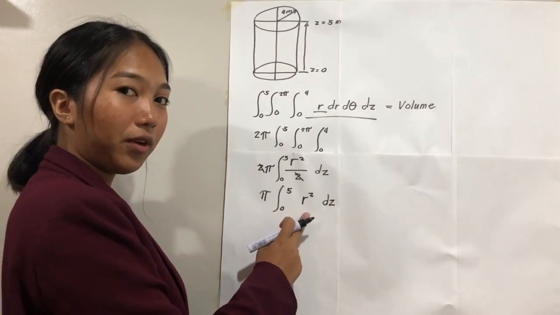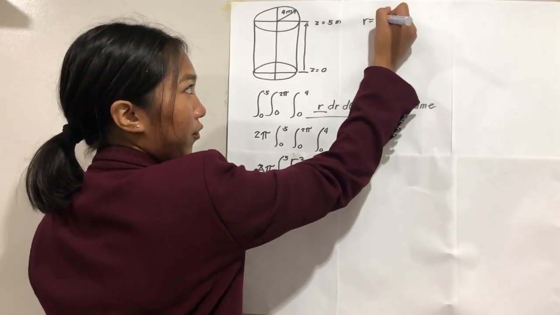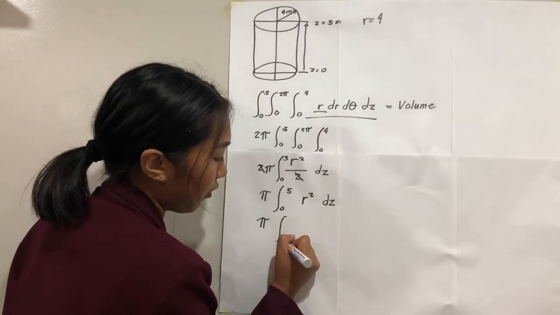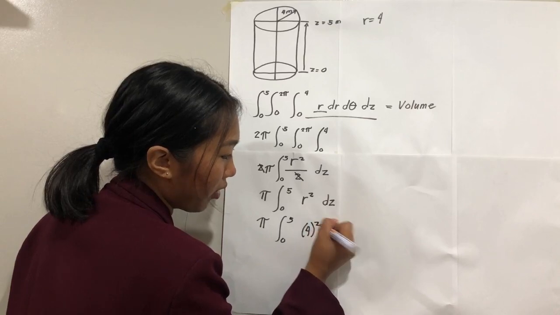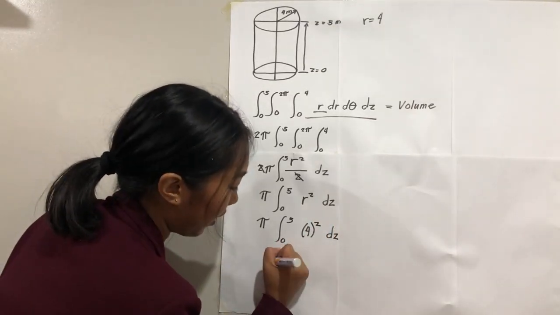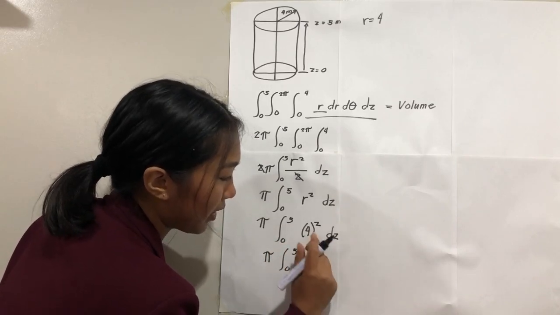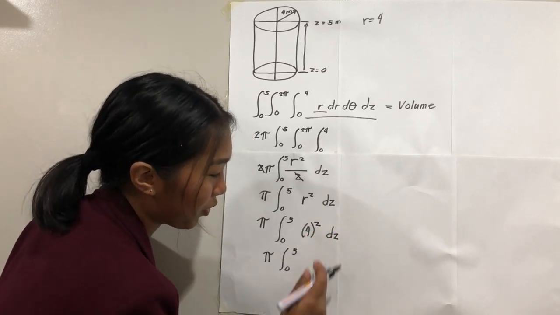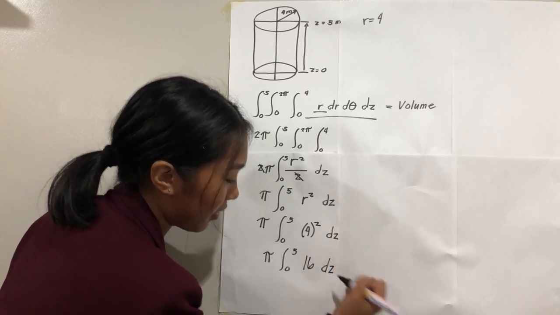So substitute the value of r, which is our radius, 4. So pi, the integral from 0 to 5 of 4 squared dz. 4 raised to the power of 2 is 16, so that gives us 16 dz.